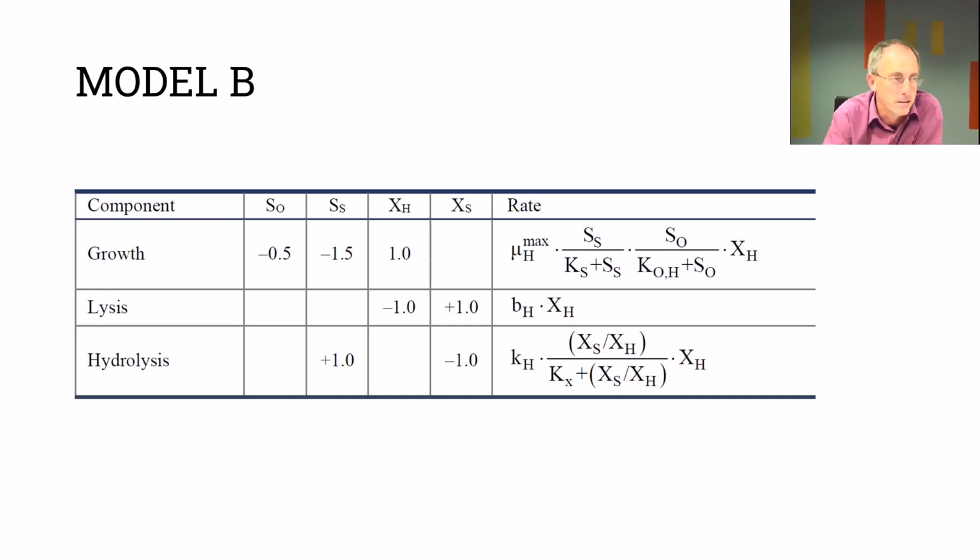But then you have hydrolysis, and the hydrolysis just means the particulate or the slowly biodegradable COD is converted into easily biodegradable COD. And there is a bit more complicated mathematical expression for it. It looks a little bit like a saturation term, but it's effectively a curve similar to the Langmuir isotherm.